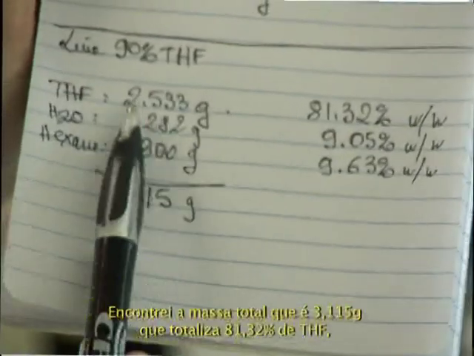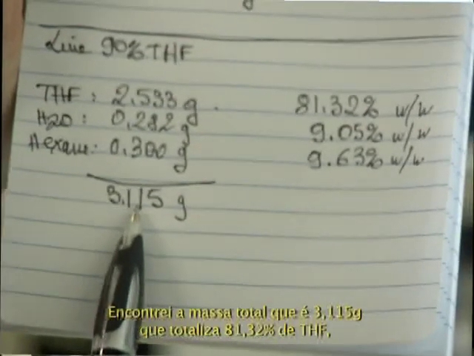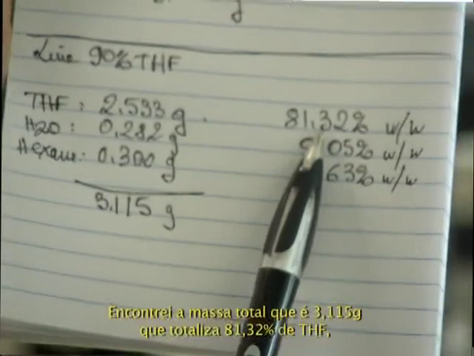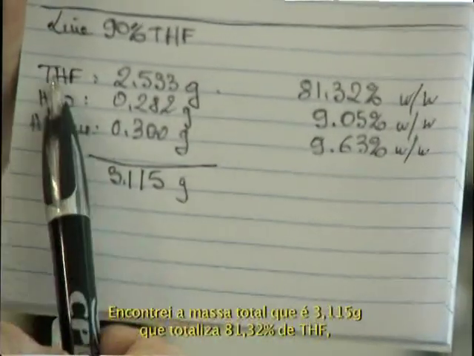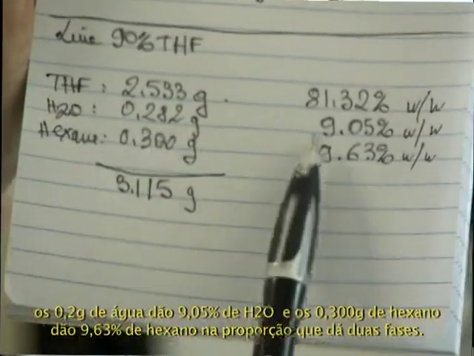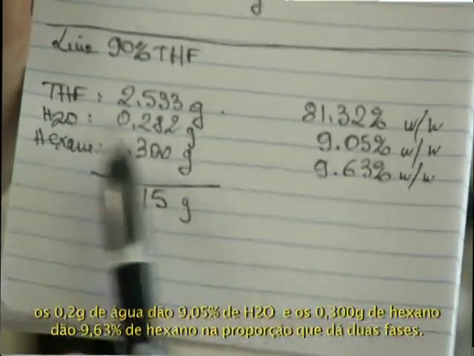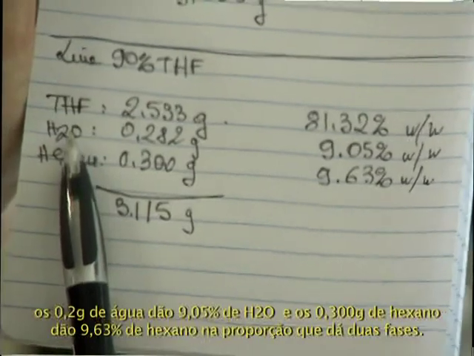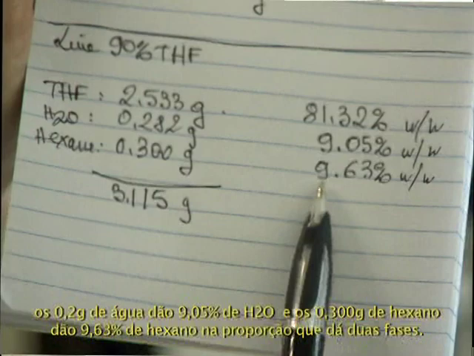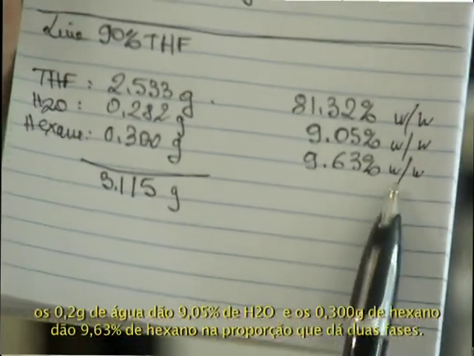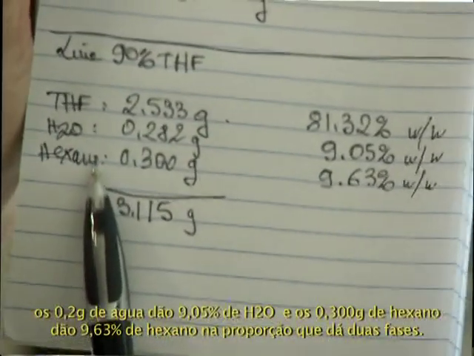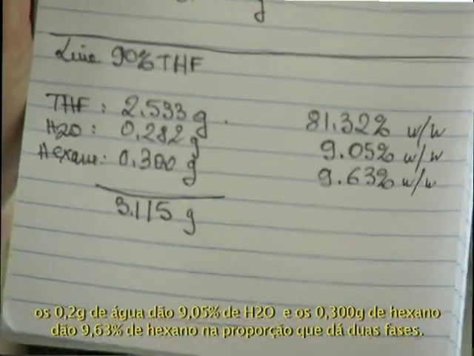I found that total mass is 3.115 gram, which make 81% of THF. The 0.28 of water make 9% of water in this composition, and the 0.3 of hexane, approximately the same, make 9.6% in weight percentage of hexane in the proportion that give two phases.